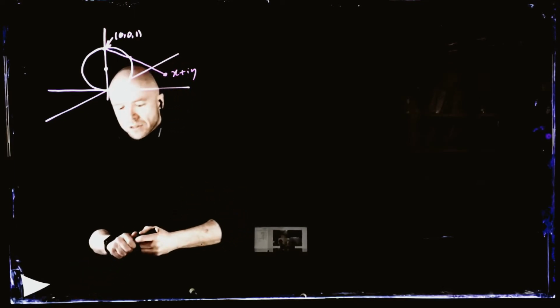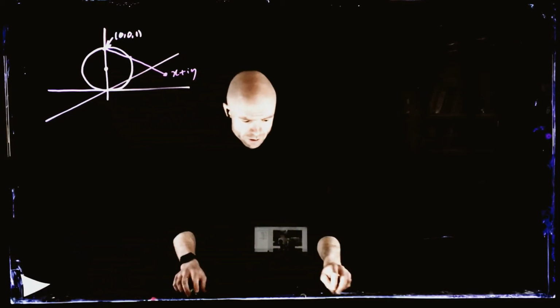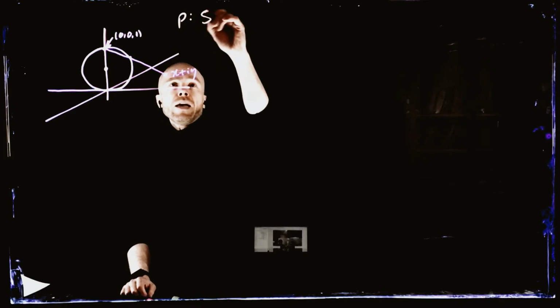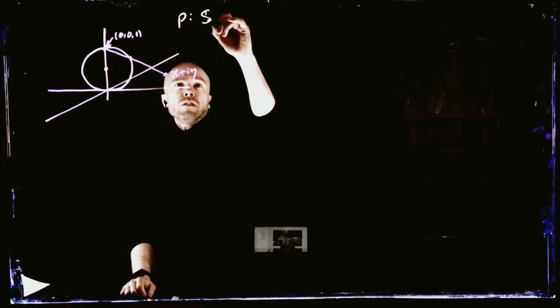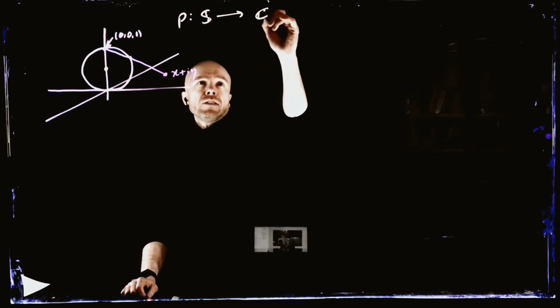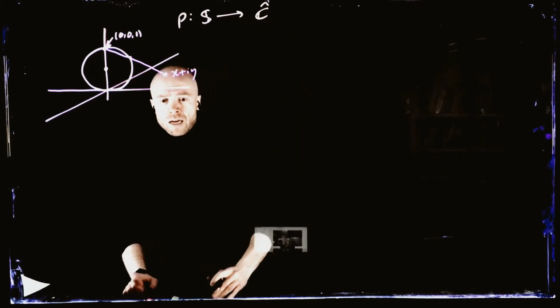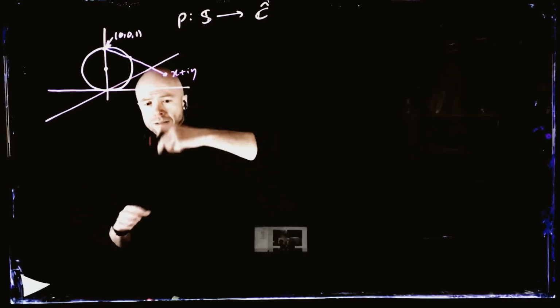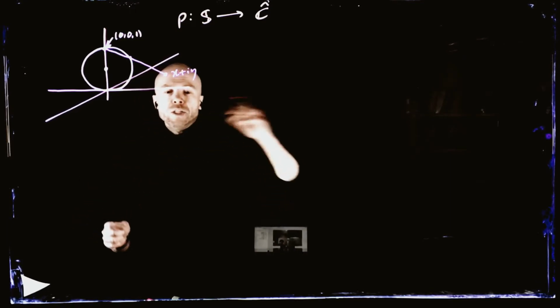And this is going to define a mapping from the sphere S into the complex plane. In fact, the extended complex plane, because I claim that this mapping uniquely maps one point to infinity and back.